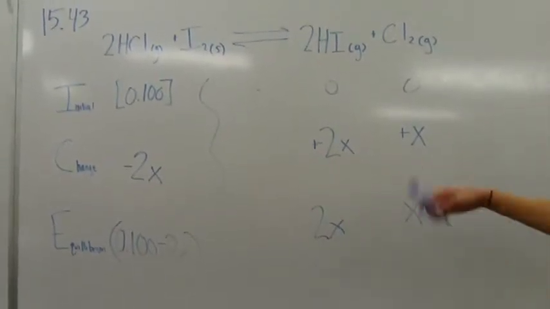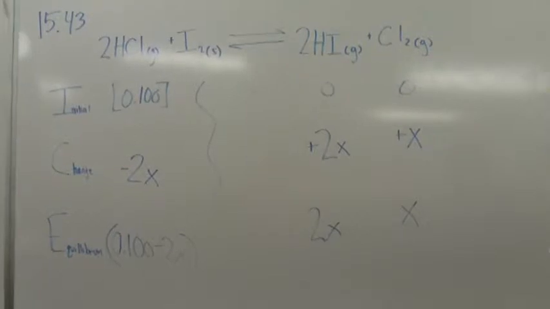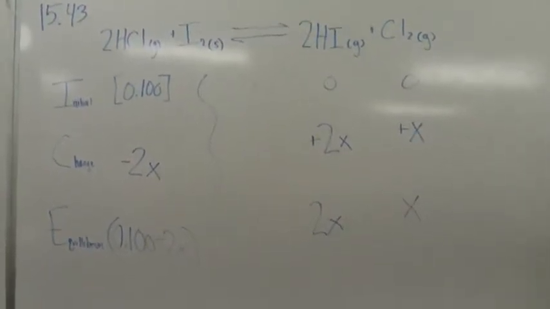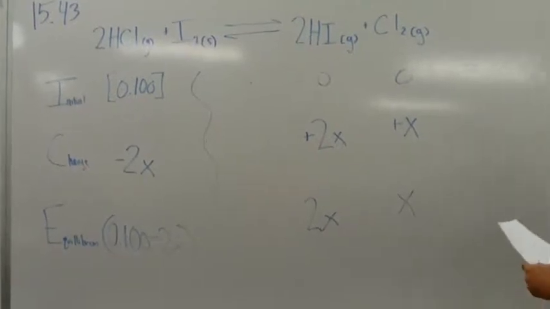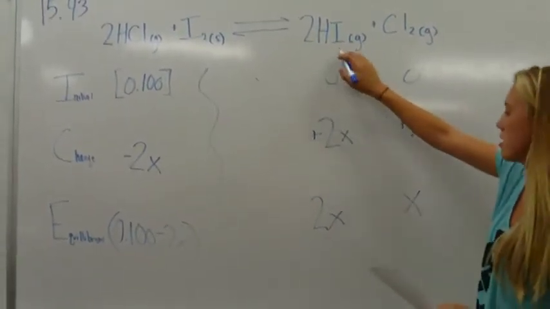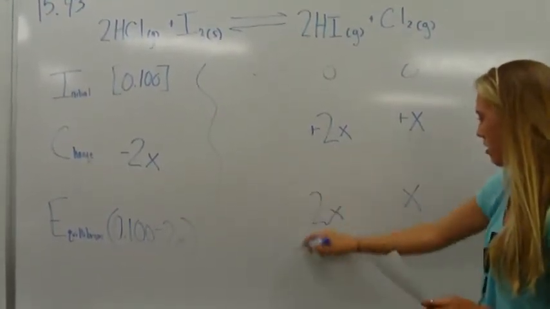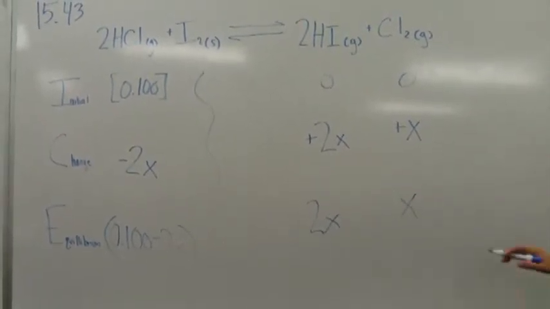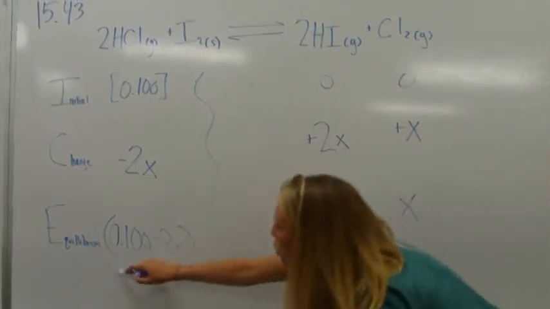So then we're going to use all of this and the equilibrium law to figure out our concentrations. These are the concentrations that we're trying to figure out in the end. So all of the equilibrium concentrations, this one too.